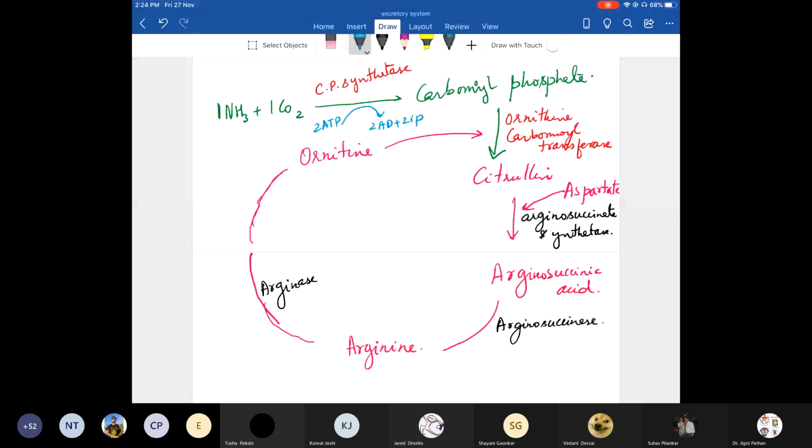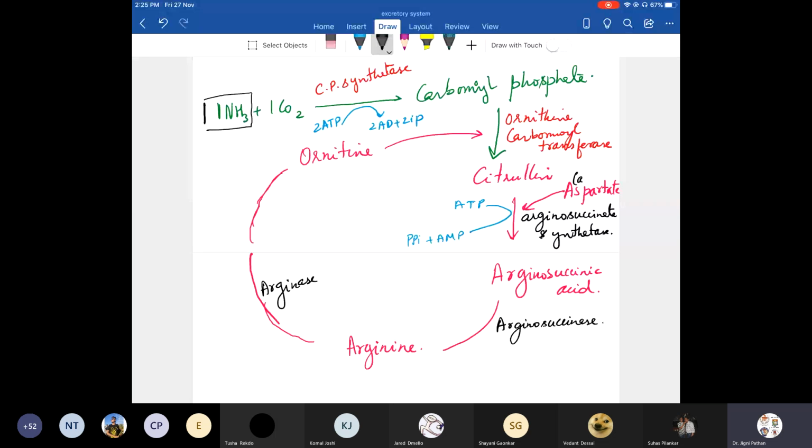Then here, 1 ATP is used to give AMP. So 3 ATPs. Here, 1 ammonia is used. And then 1 ammonia molecule is coming from this donor.